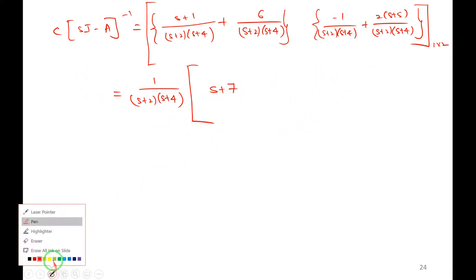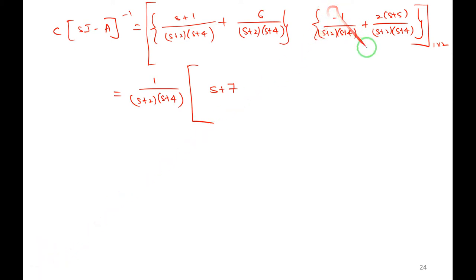Let me change the ink color. So minus 1 plus 2s plus 2 into 5, 10. So I will write, the second element, what will I be getting? 2s plus 10 minus 1 is 9. I hope it's correct.